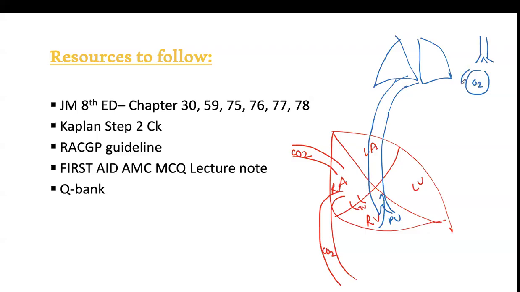And in here, we have the capillaries. So this deoxygenated blood will be carried to these capillaries, carrying carbon dioxide. Now, in this alveolar membrane over here, there will be gaseous exchange.